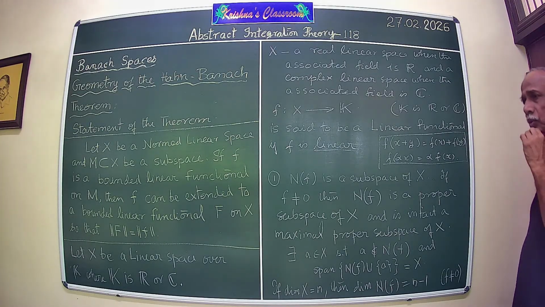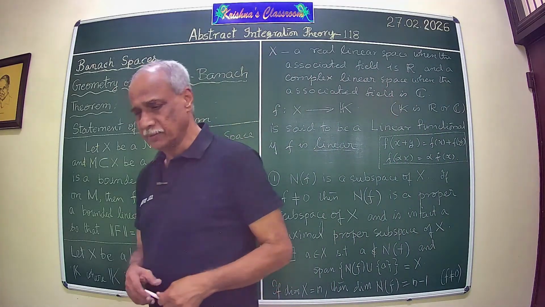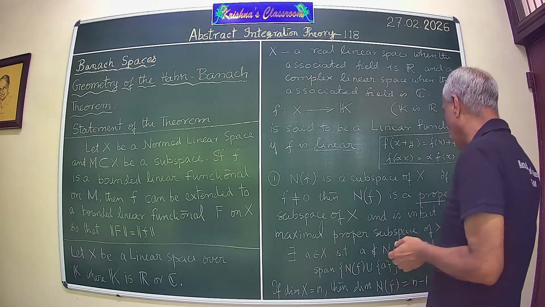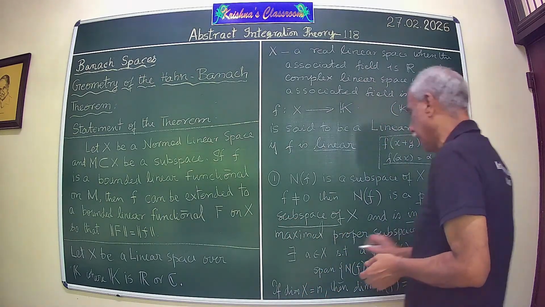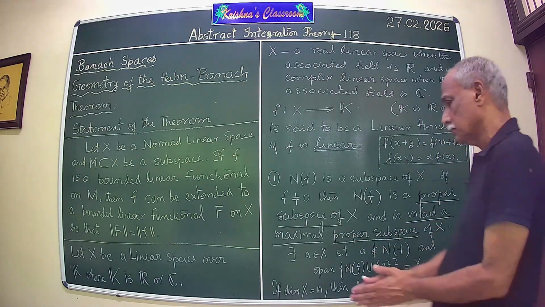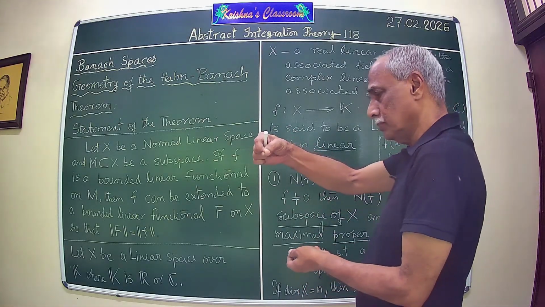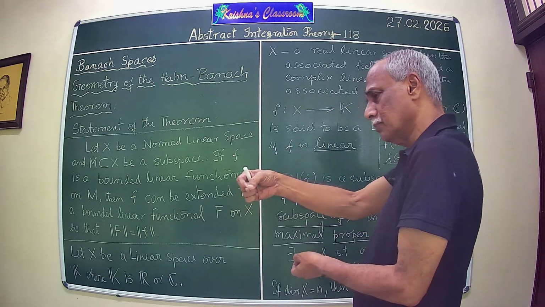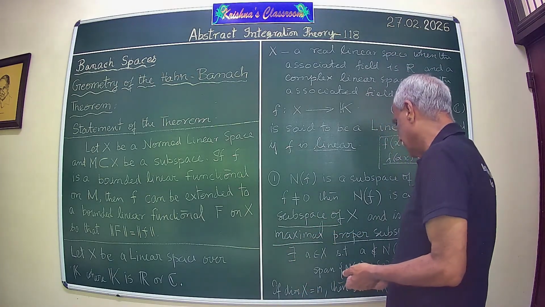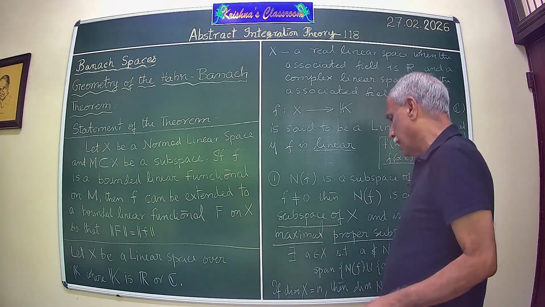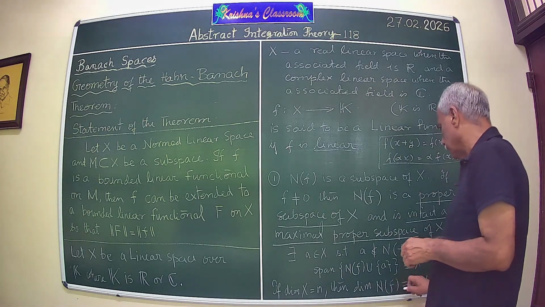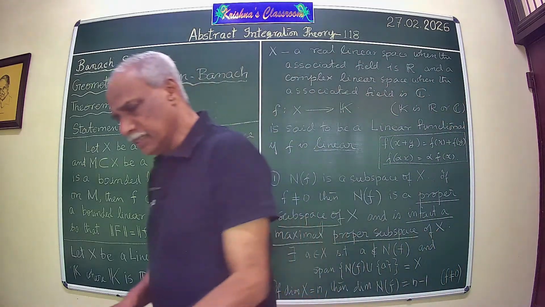In that case, N_f is equal to the whole of X. So whenever f is not equal to 0, then N_f is a proper subspace of X and is in fact a maximal proper subspace of X. Maximal proper subspace means it's a proper subspace, but there is some element in X which is not in the subspace, with the property that the span of N_f union a is equal to X. And in particular, if it's a finite dimensional vector space that you are considering, then the dimension of N_f is equal to n minus 1. This is the outcome. Okay.